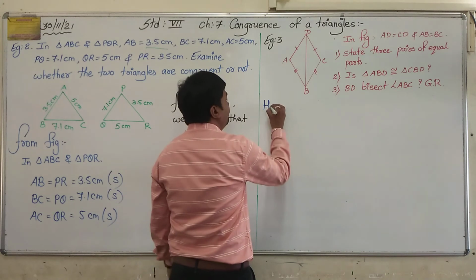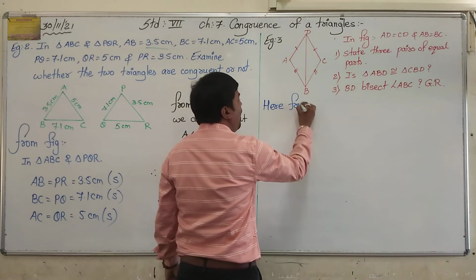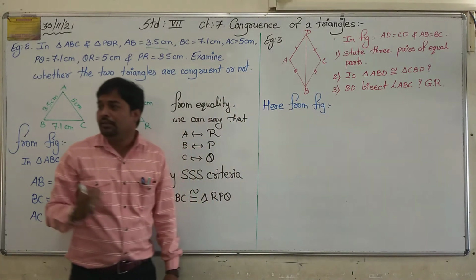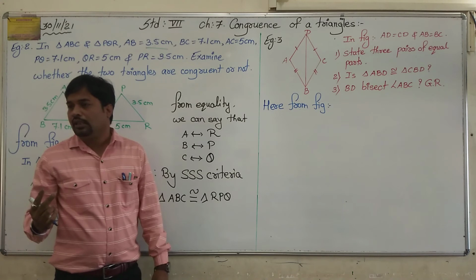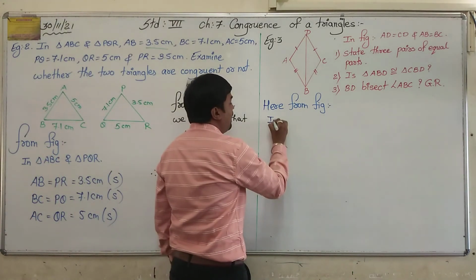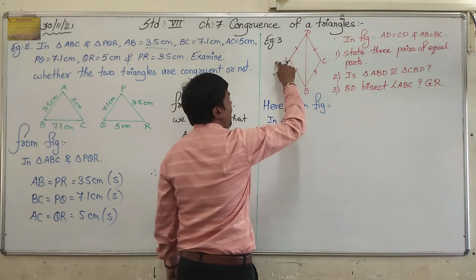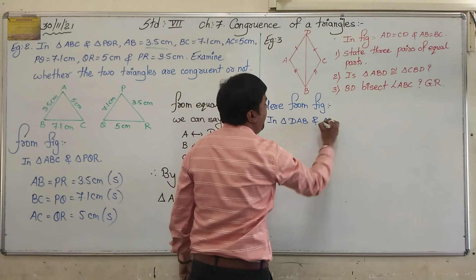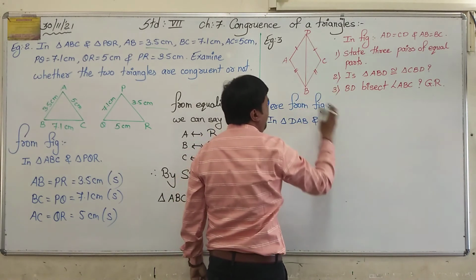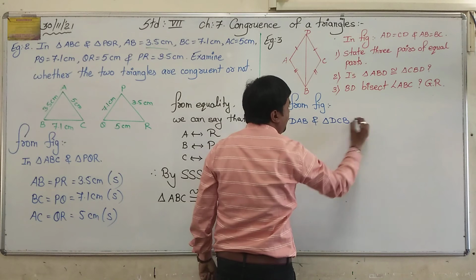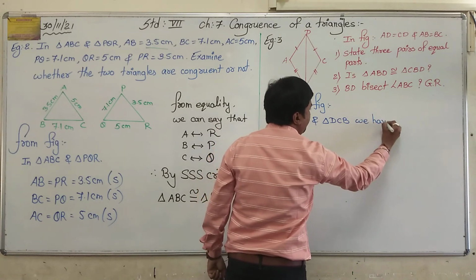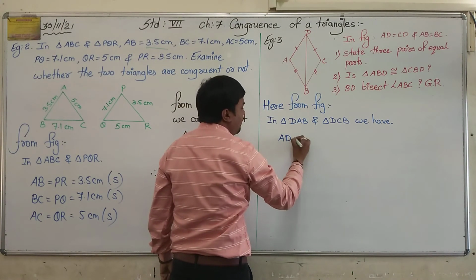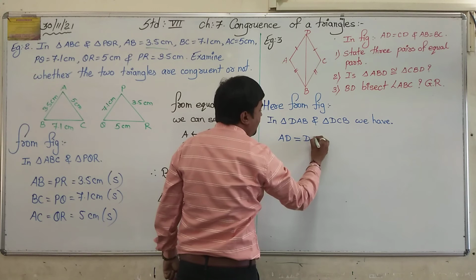So here, from the figure, how many triangles are there? Two triangles are there. In triangle DAB and triangle DCB, we have AD is same as DC.